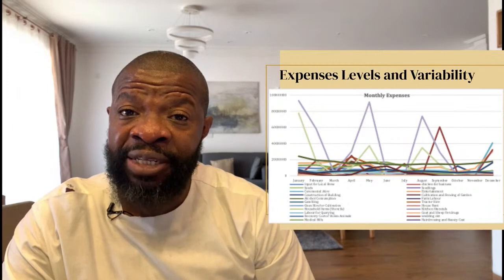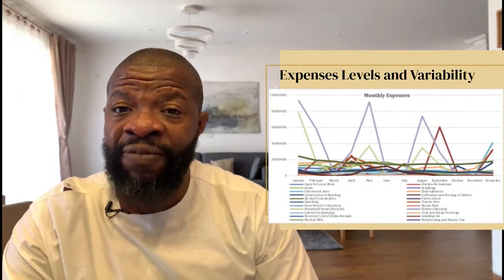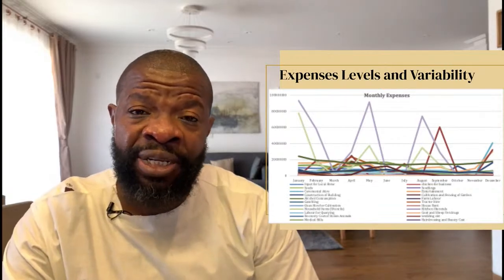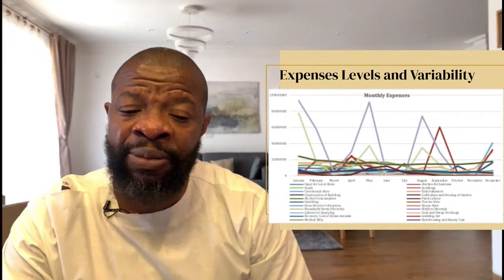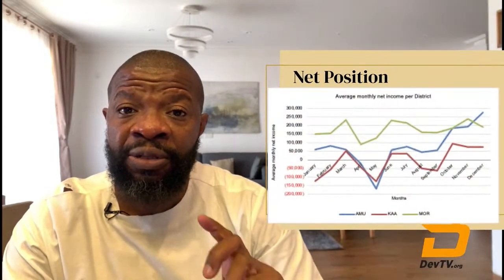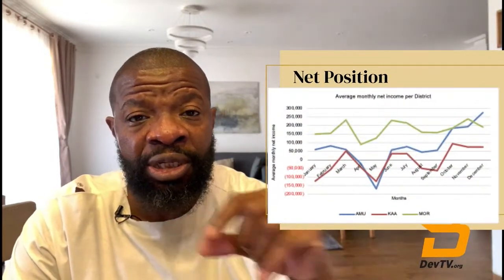Now, the income levels and variability and the expense levels and variability are important in themselves, but not as important as the net position when you net the level of income and expenses.